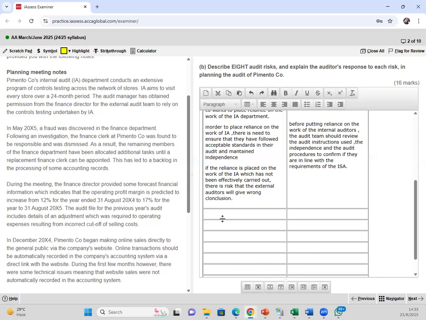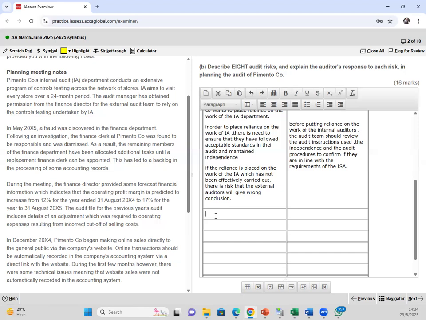The risk is that, number one, if an error has been detected, we might believe there are other areas with errors. Once we have detected an error in one area, the procedure is to increase our professional skepticism, because once a risk has been detected, there is room for more.